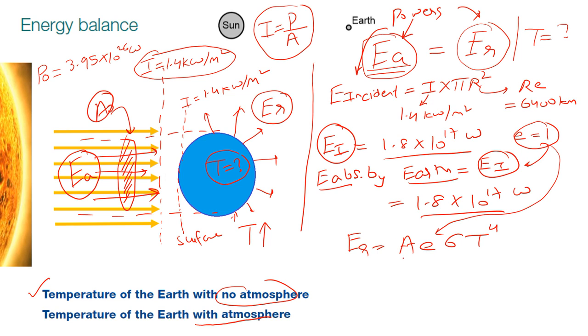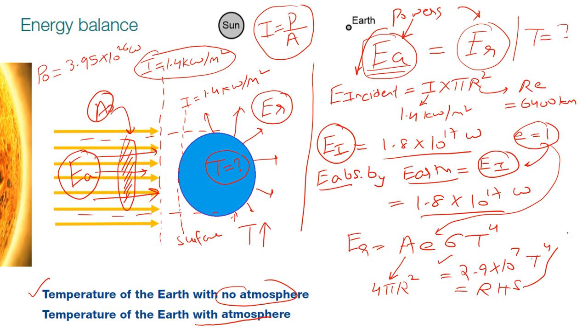For A we will consider the total surface area of the earth, which will be 4 pi r square, because earth is considered a sphere, and the value of sigma we can put. If I put all of these values, the radiated energy will come out as 2.9 multiplied by 10 to the power 7 multiplied by T to the power 4. So this is the right hand side of our equation.